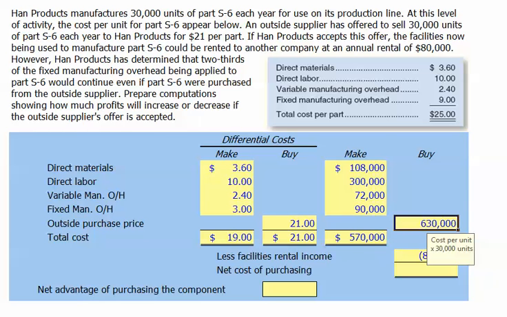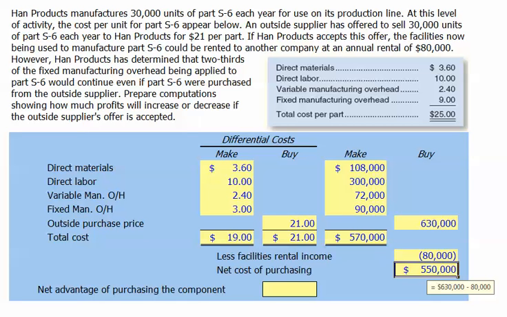This is a savings, so the net cost of purchasing from an outside supplier will only be $550,000. Thus, the net advantage of purchasing the component externally is the difference between the $570,000 cost of making the component compared with the net cost of purchasing of $550,000. We have an advantage to purchasing of $20,000 in total.